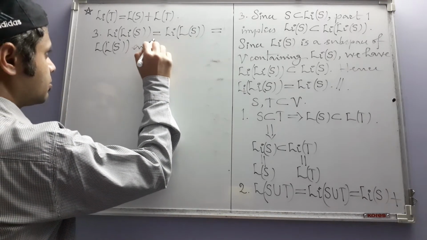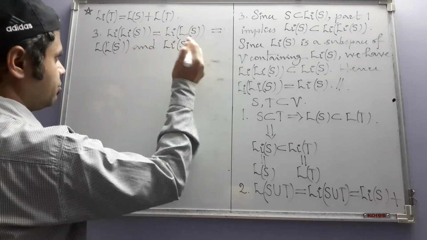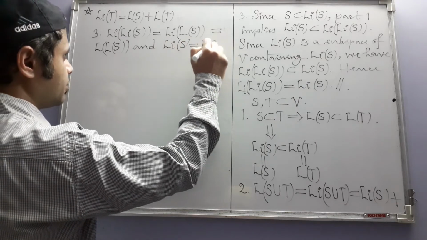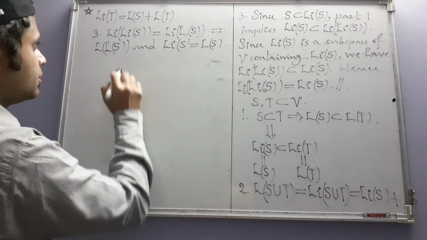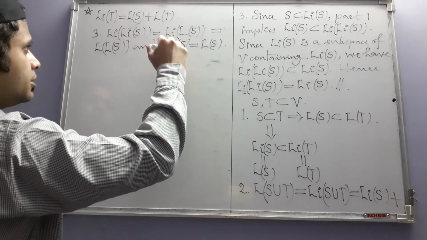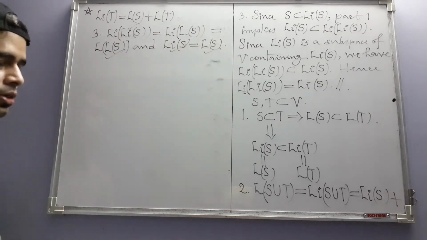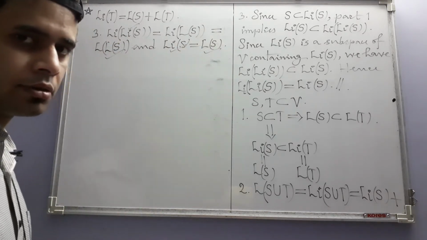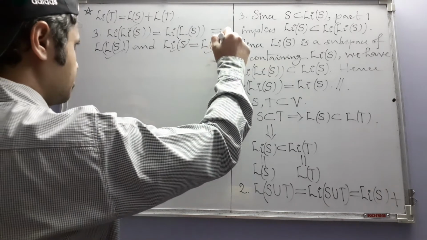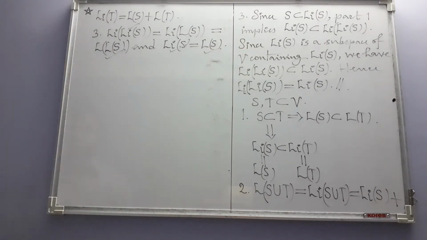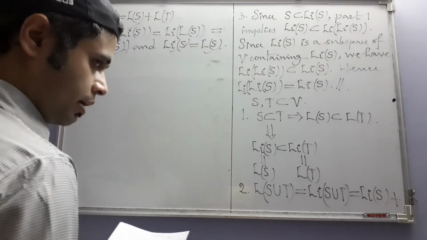And what about Li of S? Li of S we have already seen is nothing but L of S. And we have proved just now that these two things are equal. So correspondingly these two things are also equal, and that is the third part of our actual lemma 4.2. So that's how we have the proof of lemma 4.2 also as a consequence of this concocted lemma, the lemma that we have made.